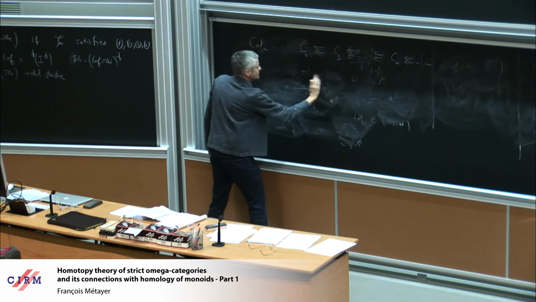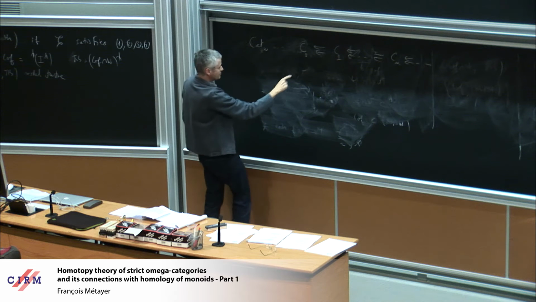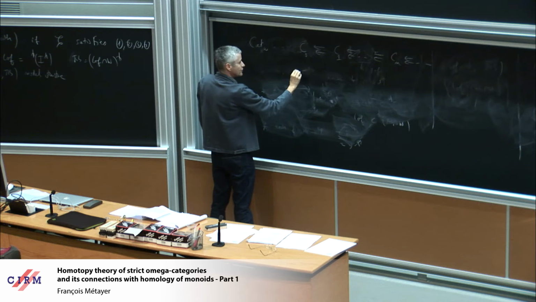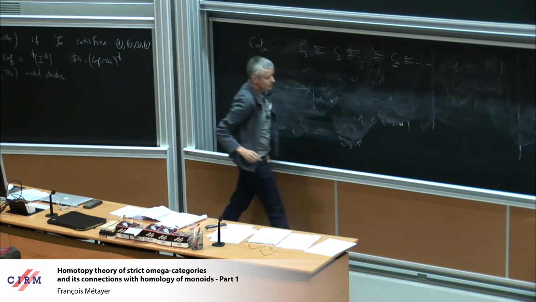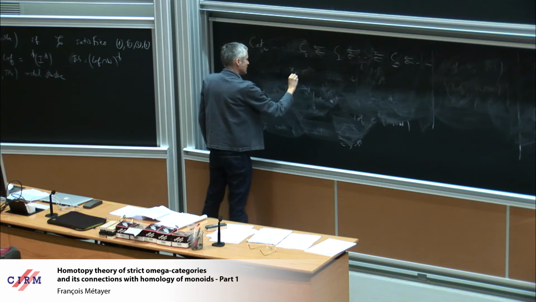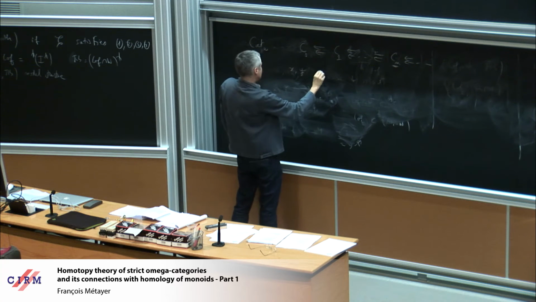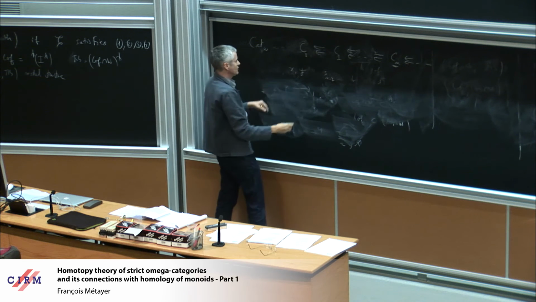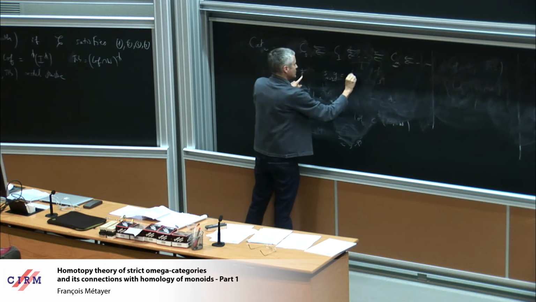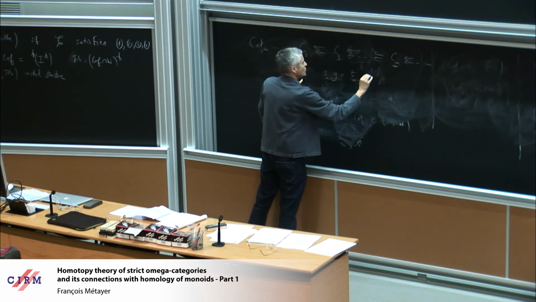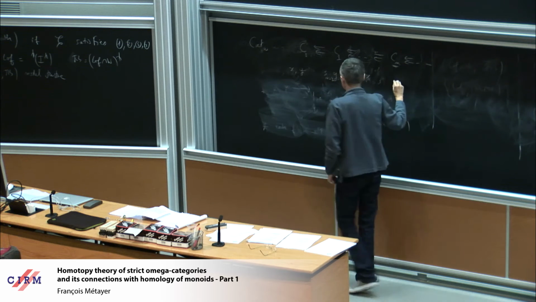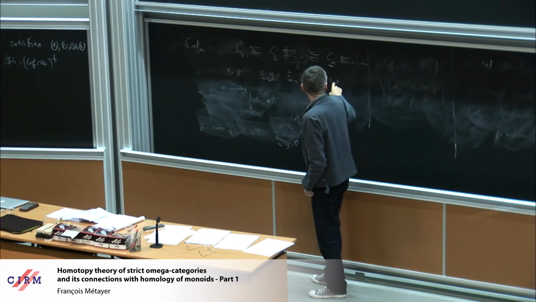And whenever you can compose, if you have two n cells x, y, let's say the source of y equals the target of x in dimension n minus 1, then you can compose x and y here.